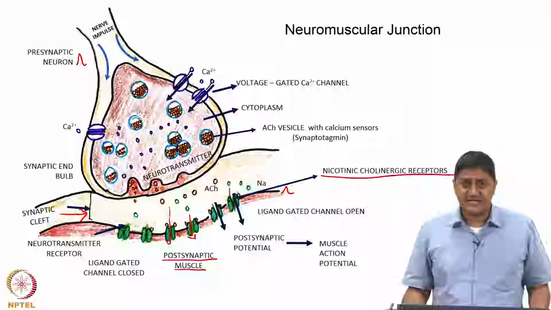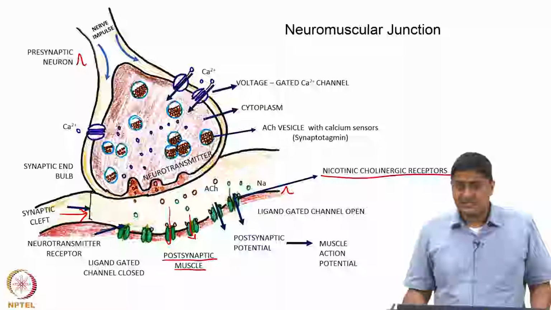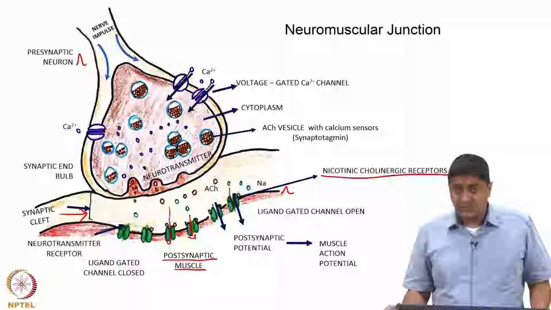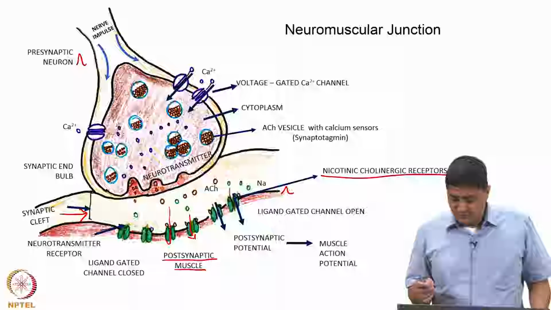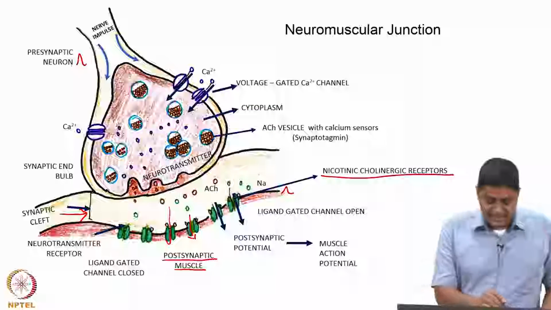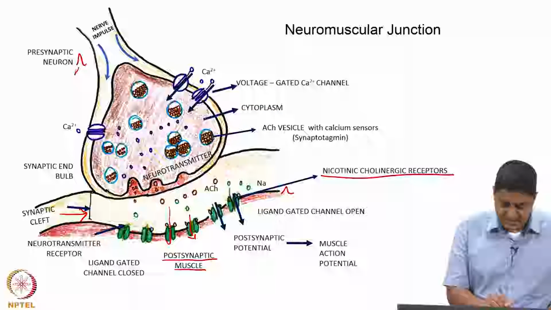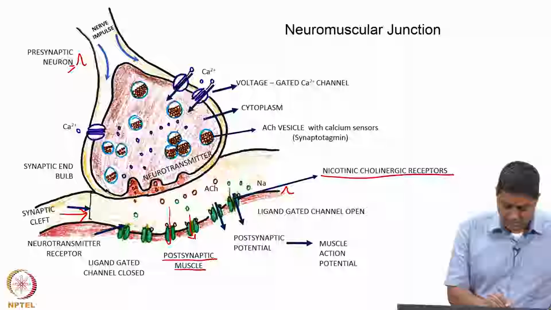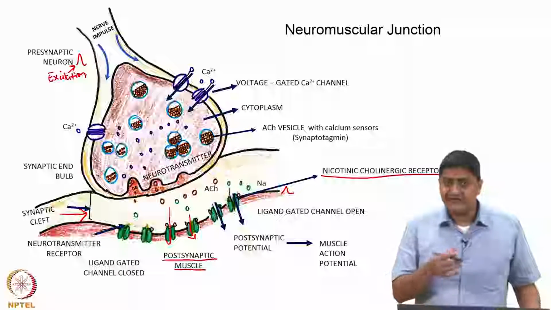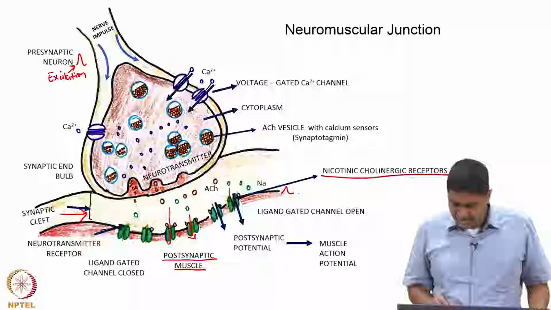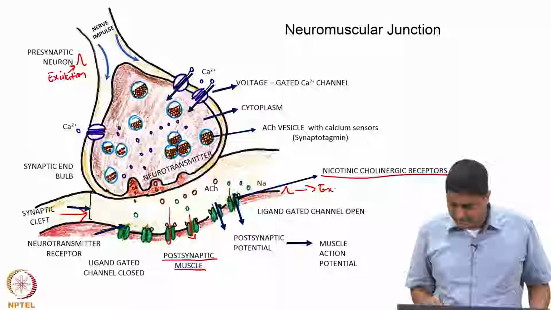Now, what happens at the muscle cell that causes force to be produced? That is the question. But before that, what happens to the excitation? You have excitation coming in, this action potential is basically excitation, and after the chemical synapse it appears as excitation here.